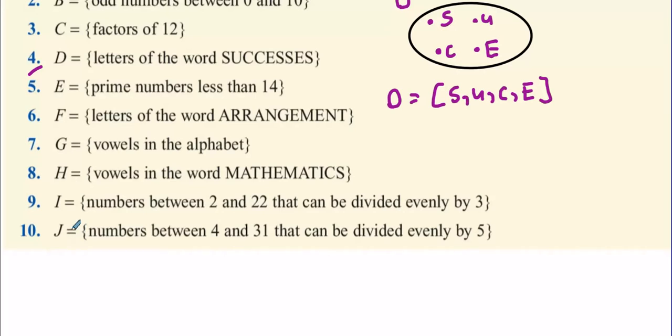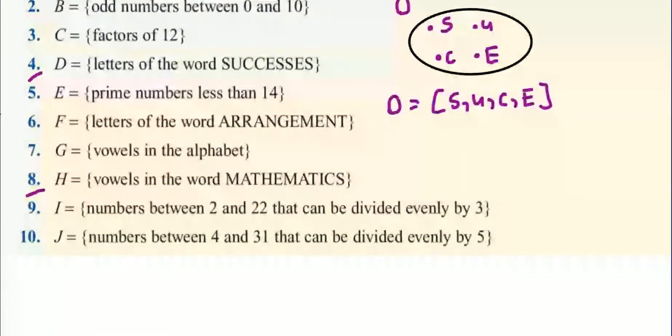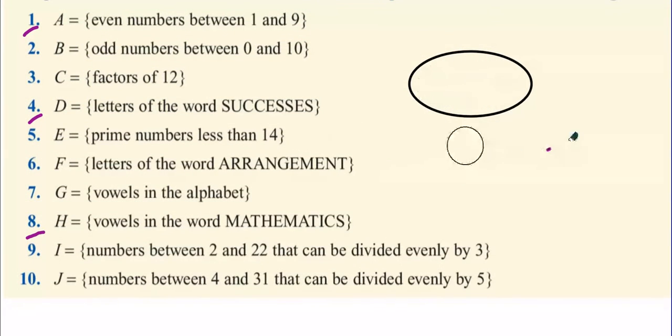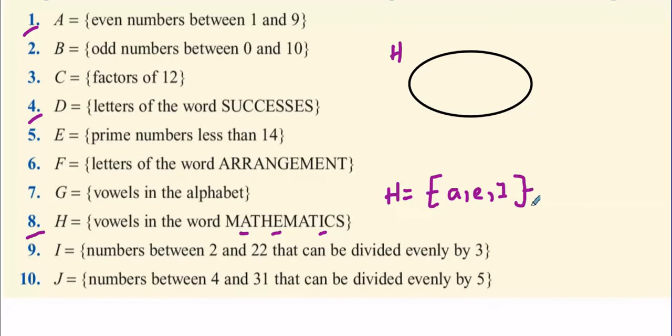Okay, let's look at question 8. Vowels in the word mathematics. So vowels are A, E, I, O, and U. So let's look. We have A, we have E, and we have I. So H is going to be the set A, E, and I. Just the vowels in the word mathematics.